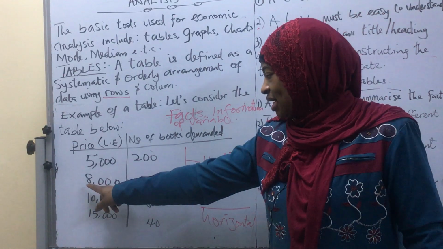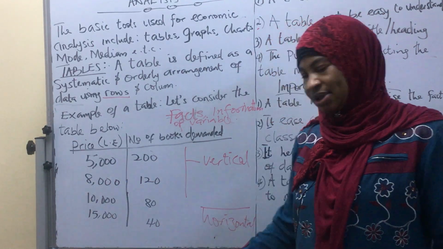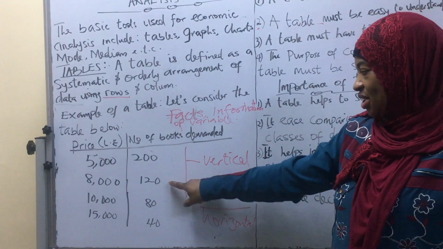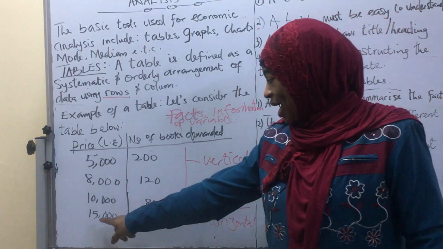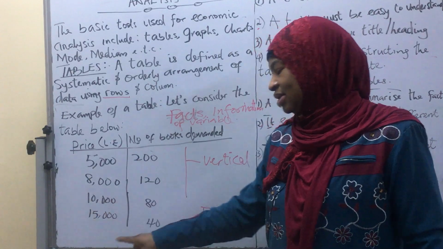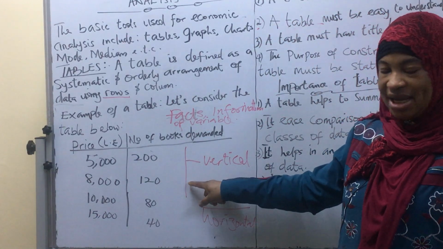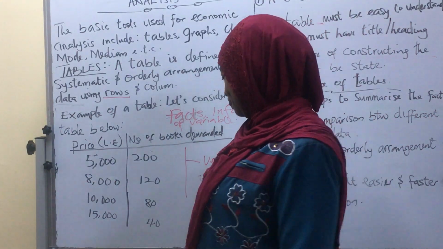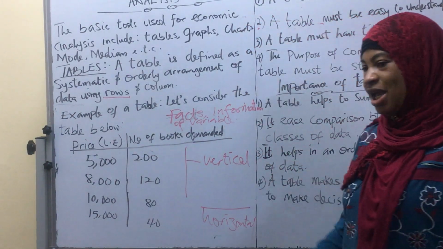When the price is 8,000, the number of books demanded is 120. And when the price is 10,000, it is 40.